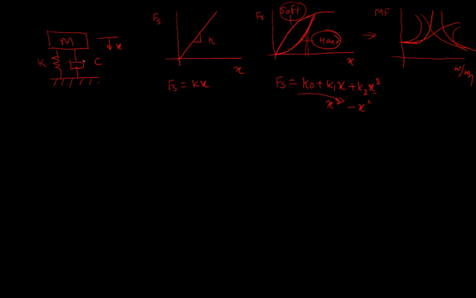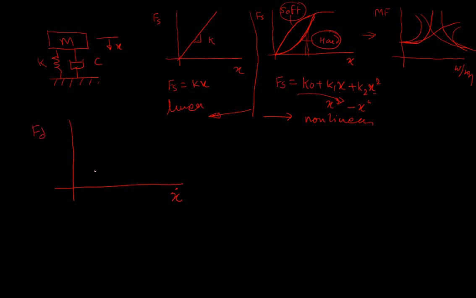Similarly, I can have damping. This is a linear behavior. This I can say is a linear equation, and these are non-linear equations. Understand? Similarly, I can have damping parameters. In the damping parameter also, with respect to x dot, my damping force is a straight line with constant slope like this.